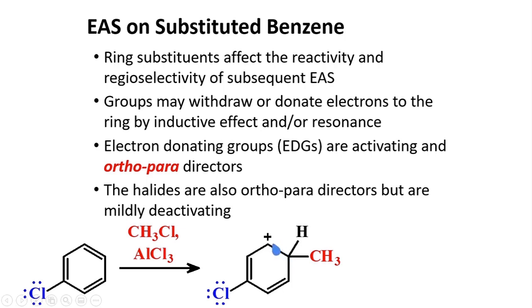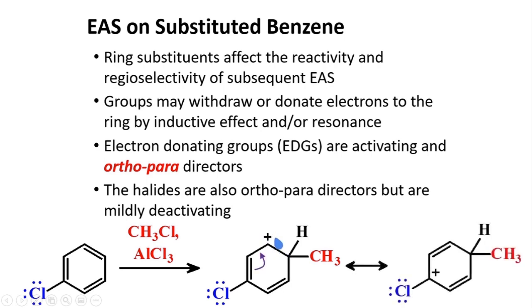Take a look at the location of the positive charge. This positive charge can further delocalize to form a positive charge at this carbon right next to chlorine. Chlorine can then allow its lone pairs to be donated to the ring to stabilize this positive charge. In this case, an ortho or para addition should give lower energy, and so is more preferred.